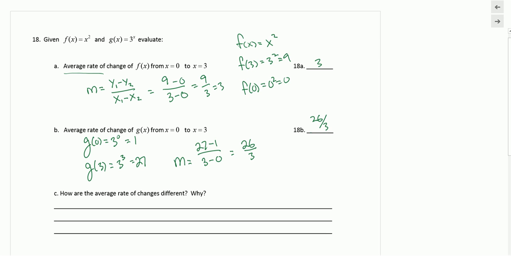C says, how are the average rates of change different, and why are they different?